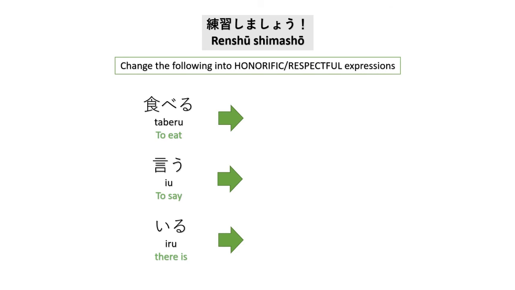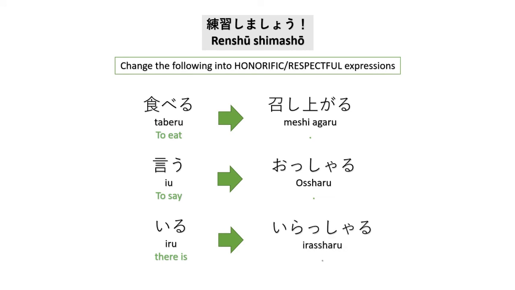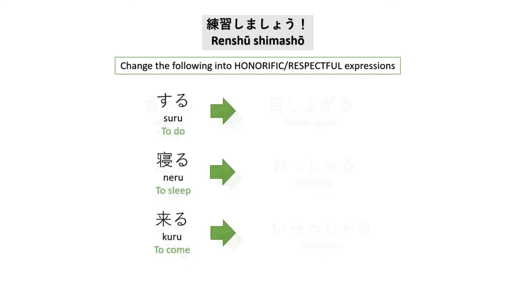Okay, for the first part. Taberu, its respectful expression equivalent is meshi agaru. For iu, osharu. For iru, irasharu. Okay. For suru, we have nasaru.